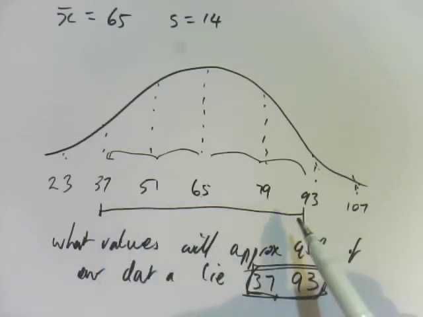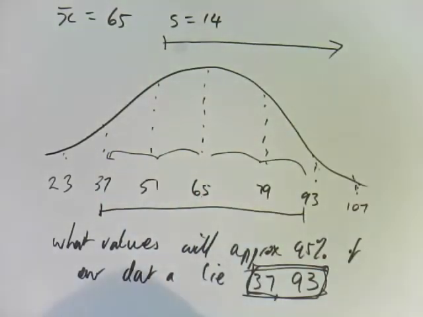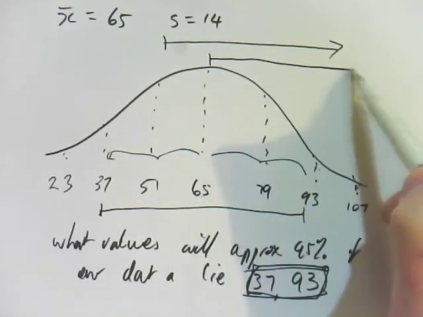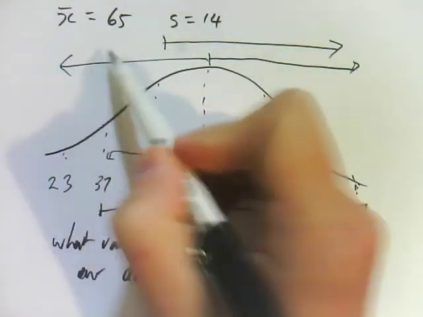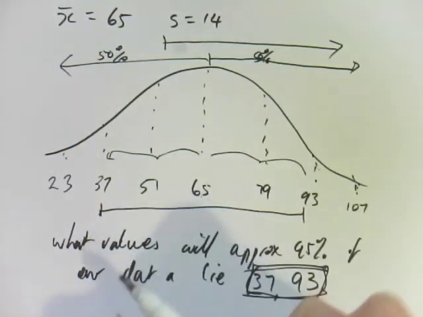Now, there are things they might ask, so what percentage of our data lies above 51? What I want you to know is that above and below the mean, there is 50%.